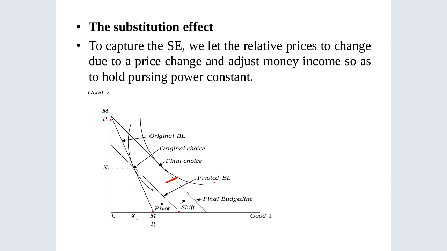So the first step is that the budget line simply pivots to this point here. This is the pivot. Then from there, it simply shifts outward to a new budget. So we have the final budget line, which is simply a shift of the pivoted budget line.